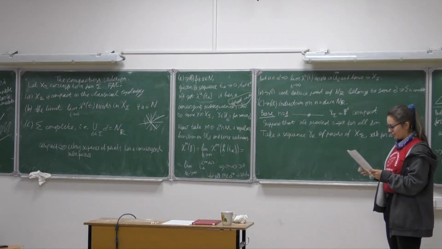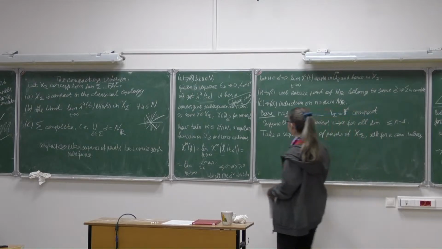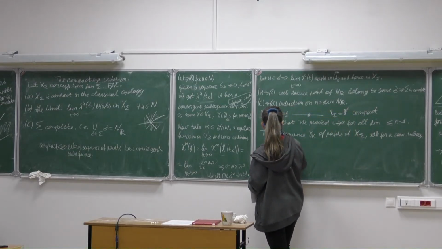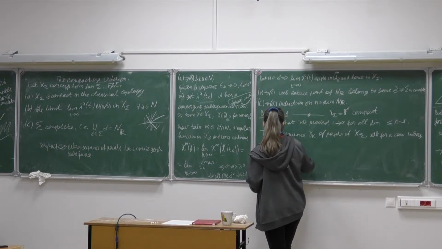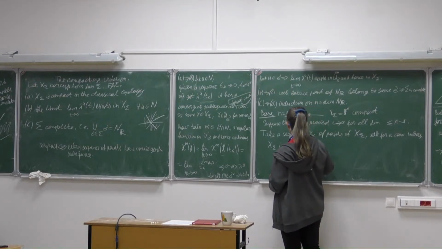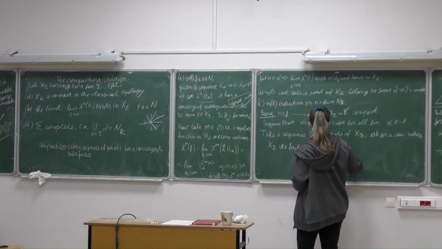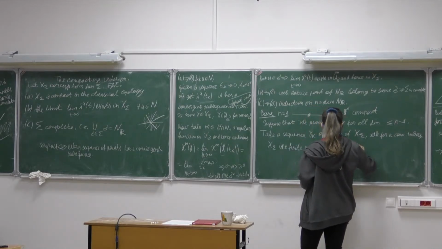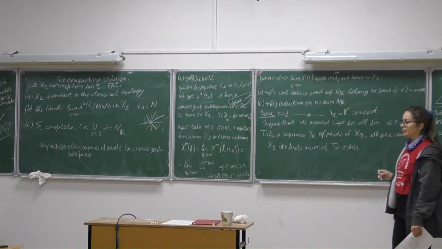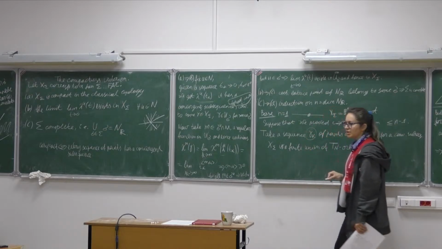So we know that x sigma is a finite union of orbits by the orbit cone correspondence. And so without loss of generality, we may assume that gamma k is in one orbit.